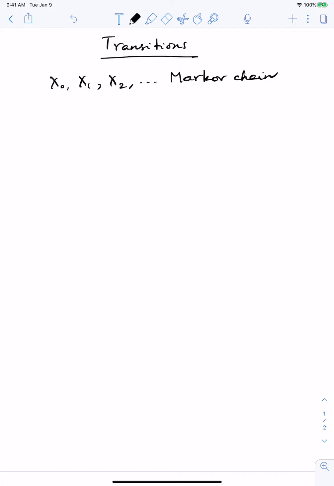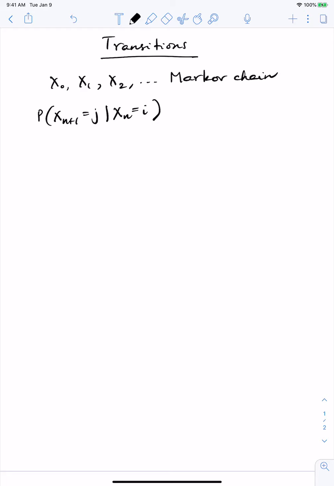In the context of Markov chains, a transition is a move from one state to another. Here's a transition probability. This is the chance that you are at state j tomorrow, given that you are at state i today.